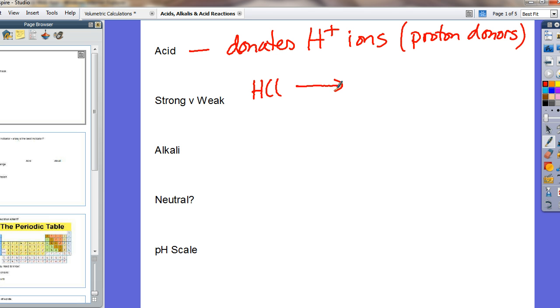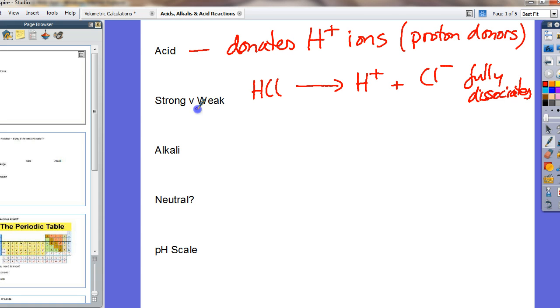It would dissociate to produce H plus ions and chloride ions. Because the hydrogen chloride fully dissociates, that means hydrochloric acid is a strong acid.